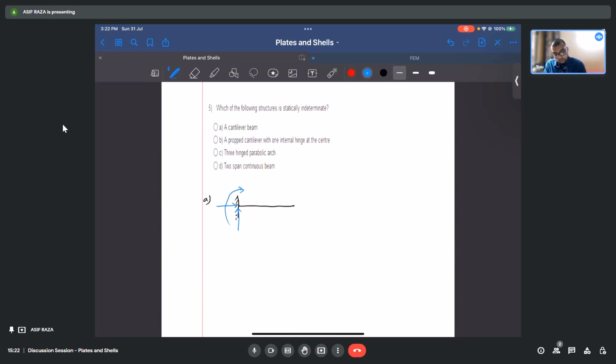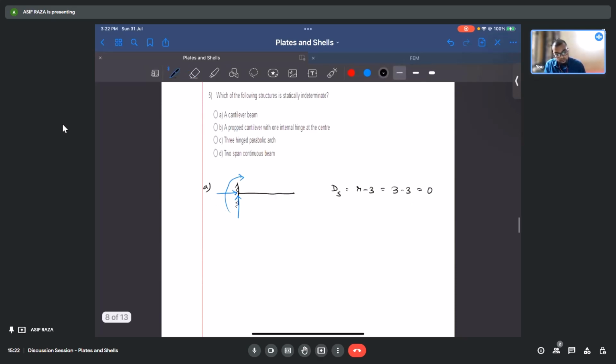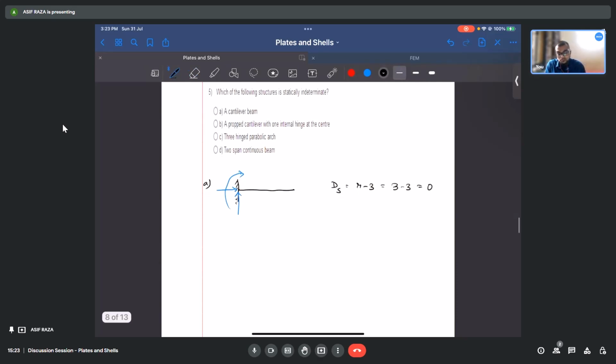So the degree of statically indeterminacy in this is r minus 3, which is 4 minus 3, which is 3 minus 3, equal to 0. So this is a statically determinate structure.